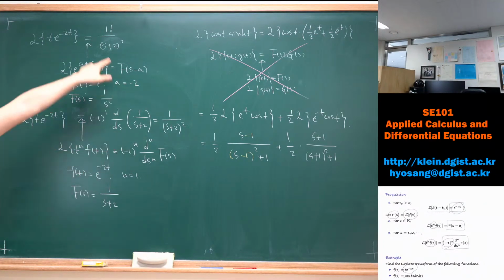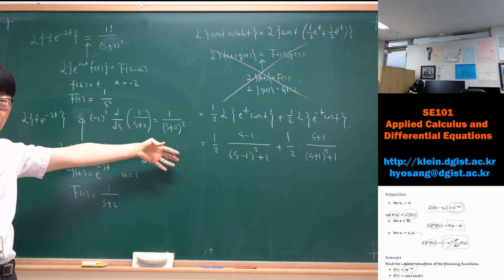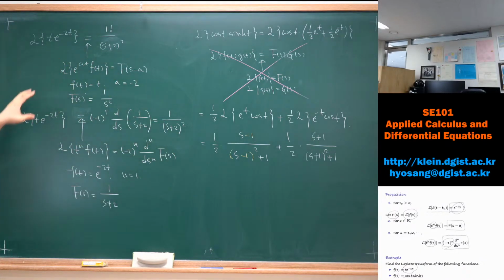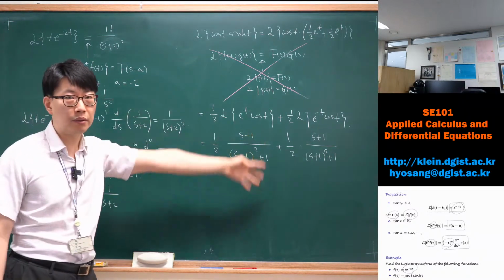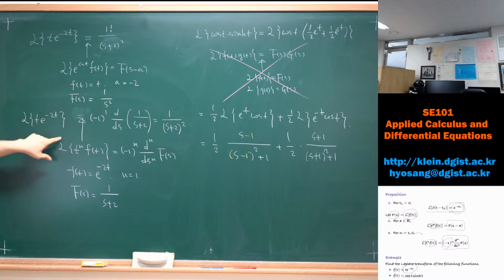But both methods give the same result. So I'm telling you that there is no unique way of solving Laplace transform. Sometimes there is a unique way like this one, but many times you can solve Laplace transform in a different method. Does that answer the question?